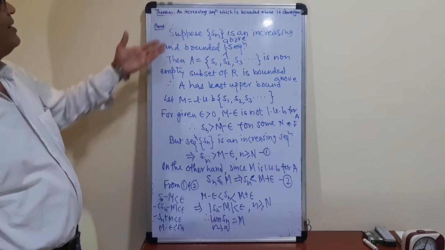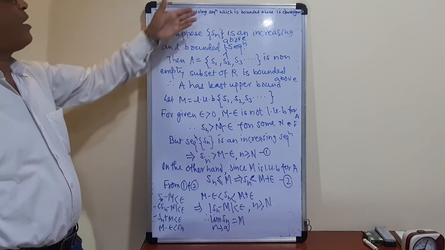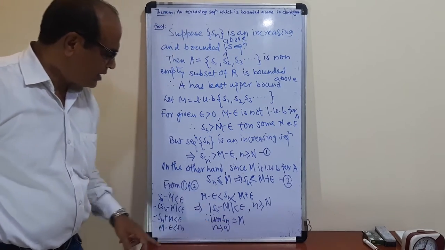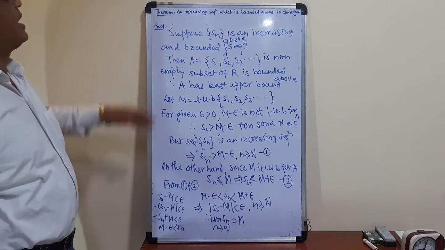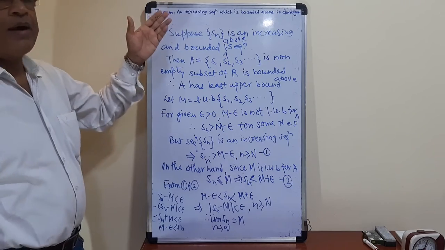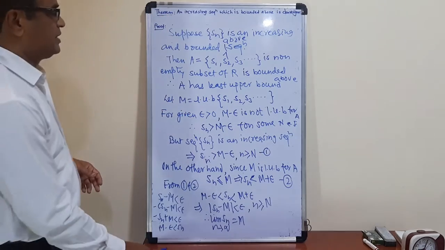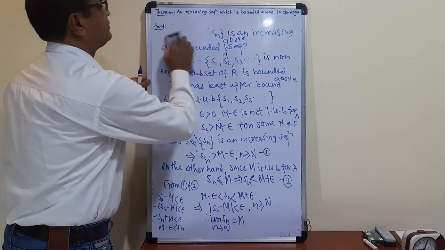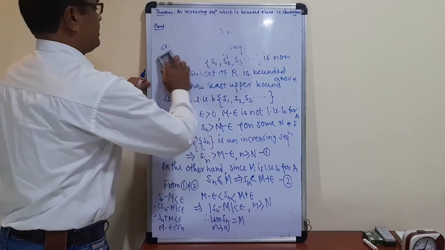We take here a sequence that is increasing and bounded above, and prove that this sequence is convergent. Hence the theorem: an increasing sequence which is bounded above is convergent. So the proof is completed.